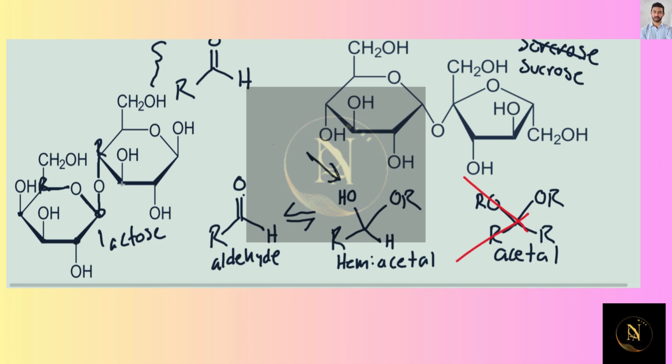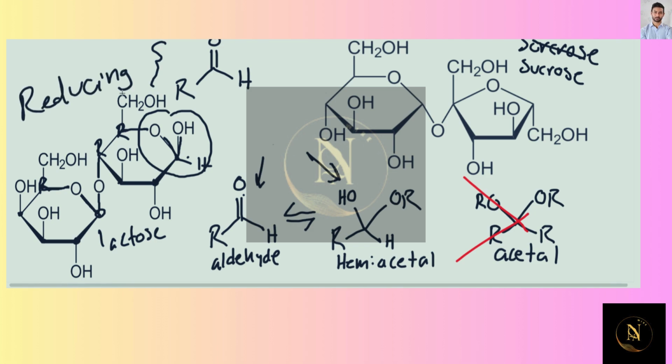This carbon, no, no. What about here? Okay, this carbon has an OH. It's got an O, which is connected to a carbon, so it's got an OR, and it's got an H. This group right there is a hemiacetal. That means that lactose can be converted into a form which contains an aldehyde, and therefore lactose is reducing because it contains a hemiacetal or an aldehyde, depending on the form.